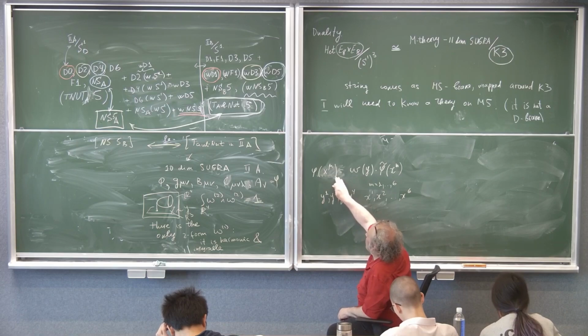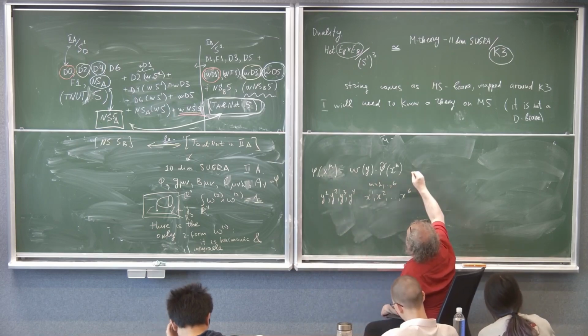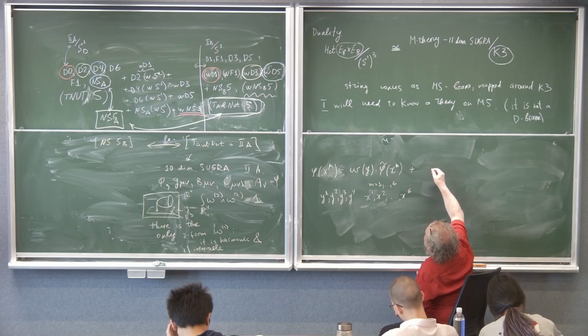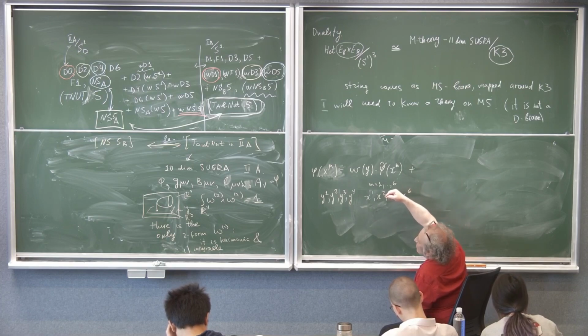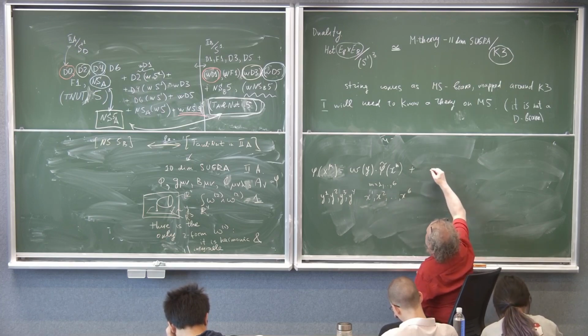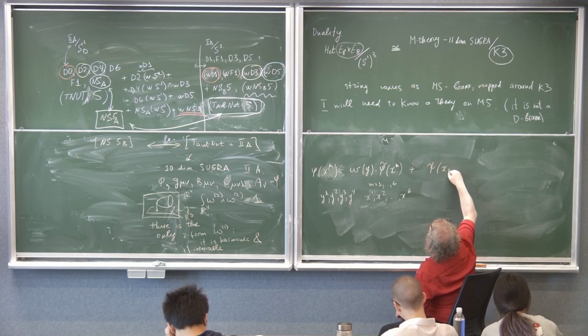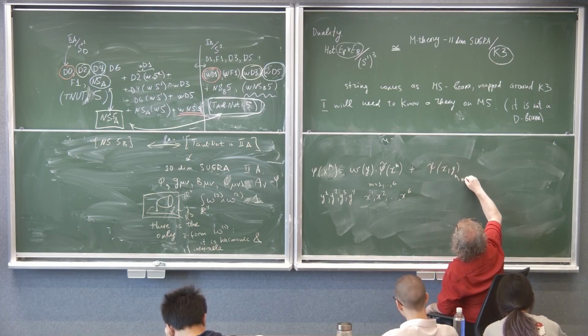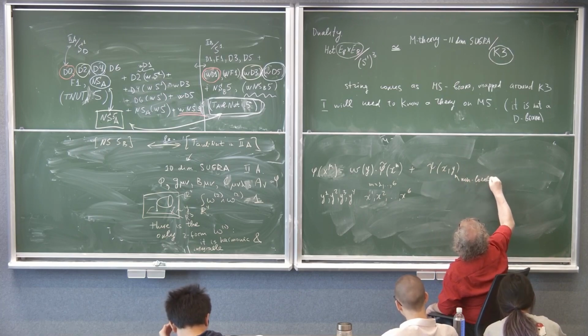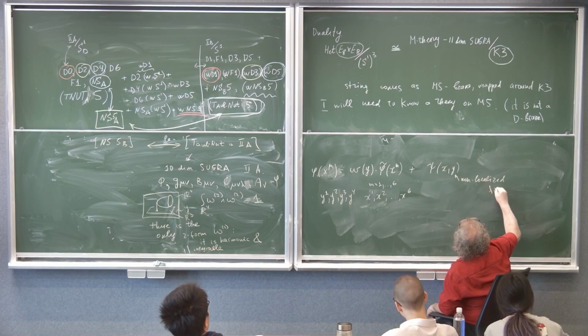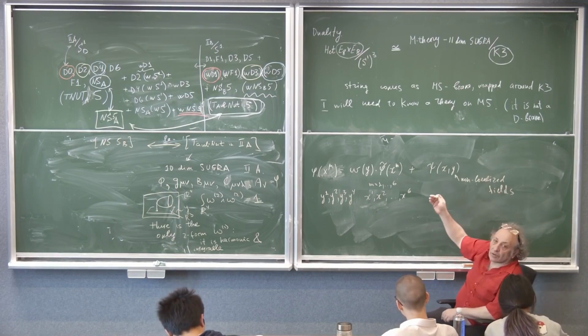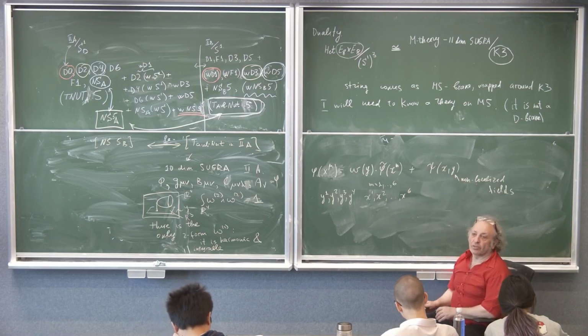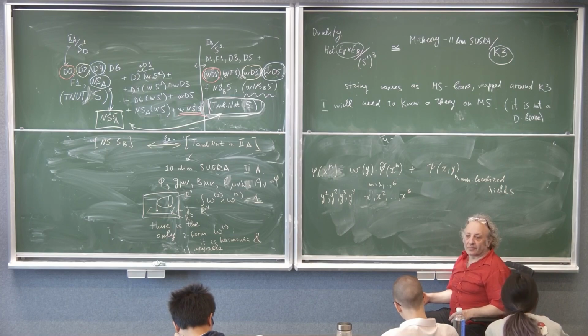So I consider a decomposition like this, plus fields that are not localized at zeros of tau naught. Non-localized. So I will understand these fields as corresponding to degrees of freedom away from tau naught.